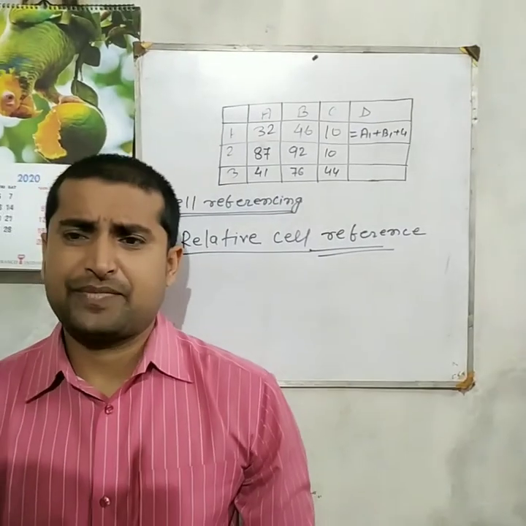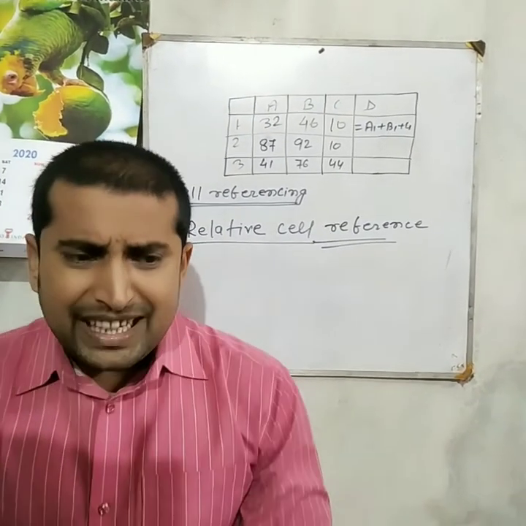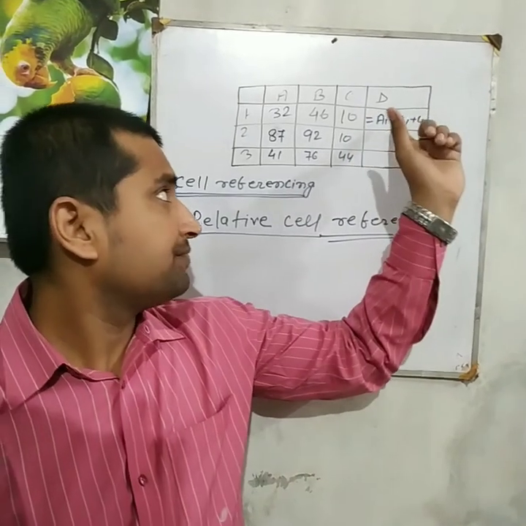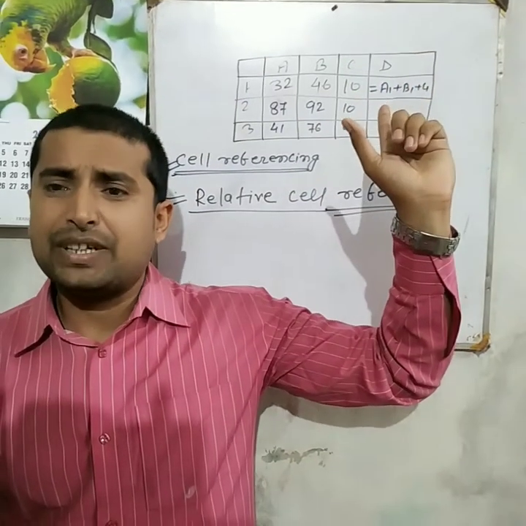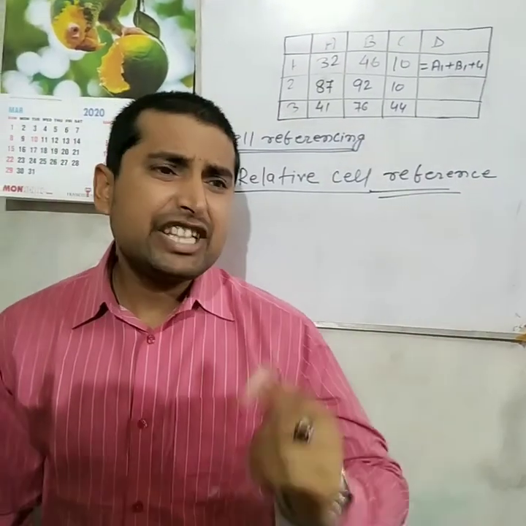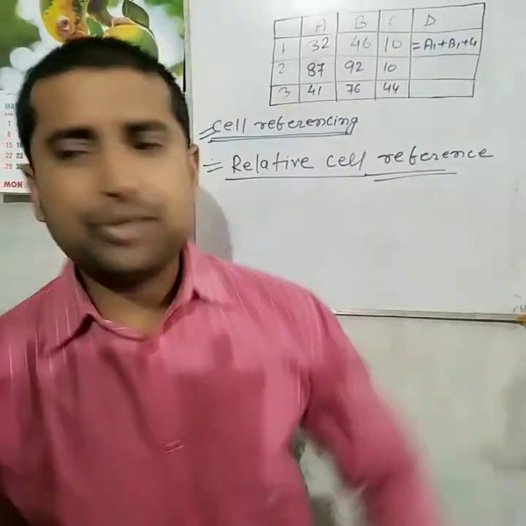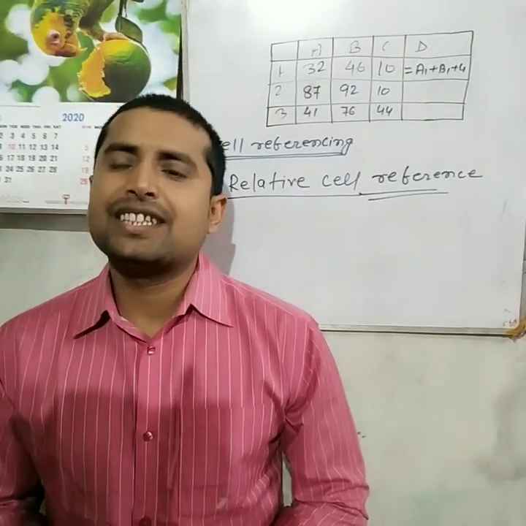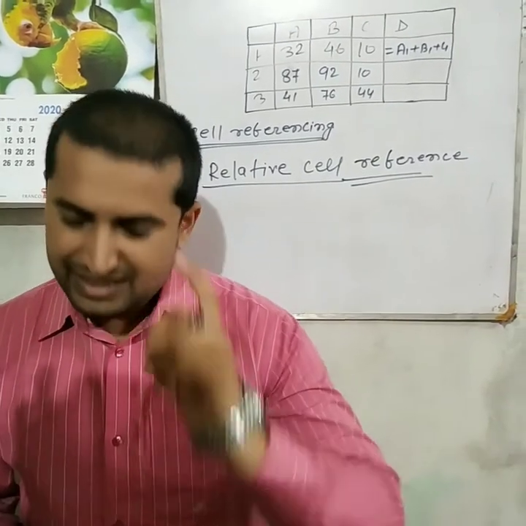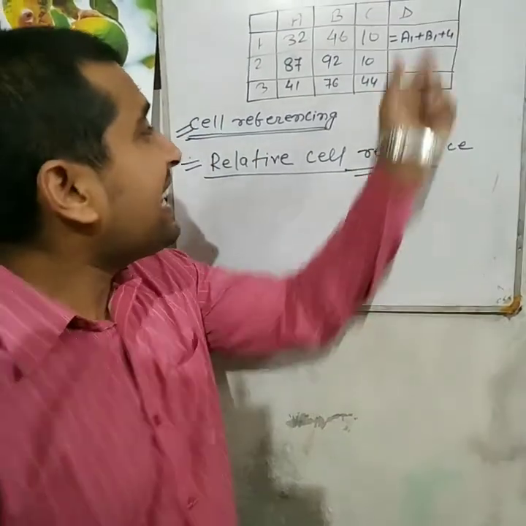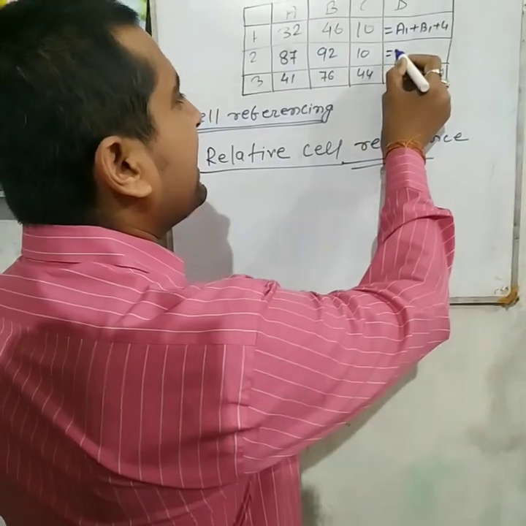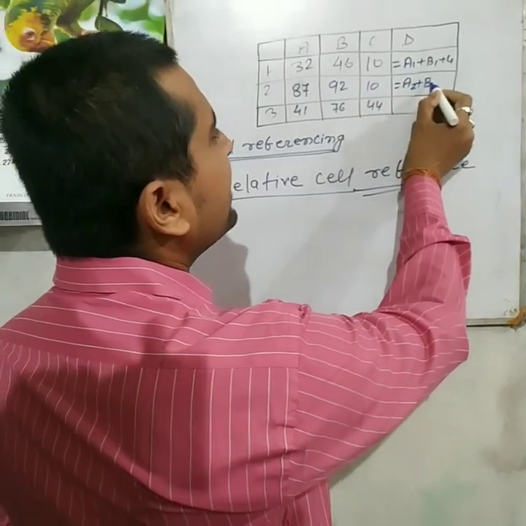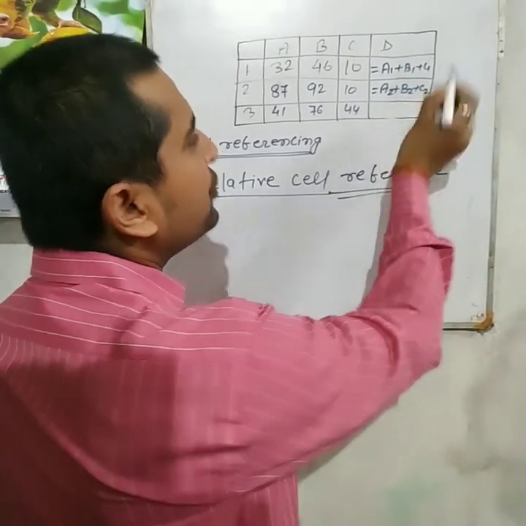From the cell D1, the formula in D1 adjusts downward by one row and becomes equal to A2 plus B2 plus C2. That is how the relative cell reference works.